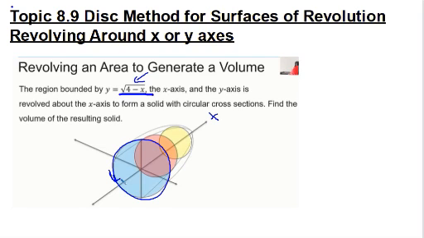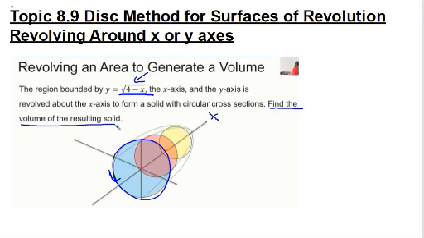Or maybe we poured molten metal in there and let it harden and cool. But we made a solid by that, and we're going to find the volume of this resulting solid.